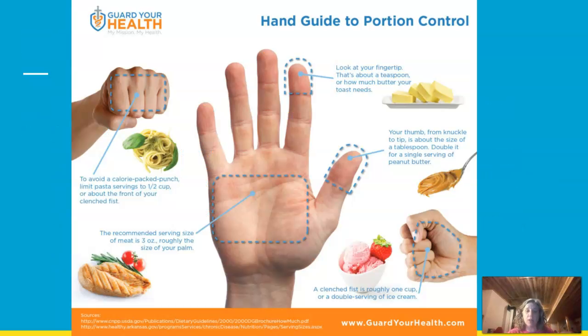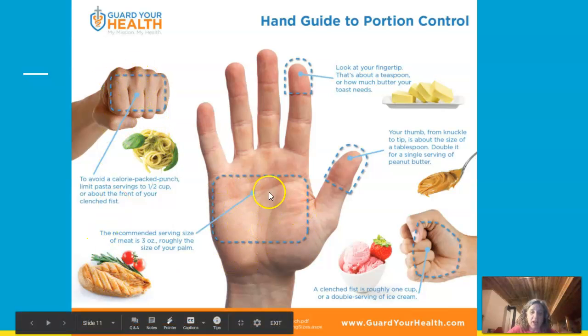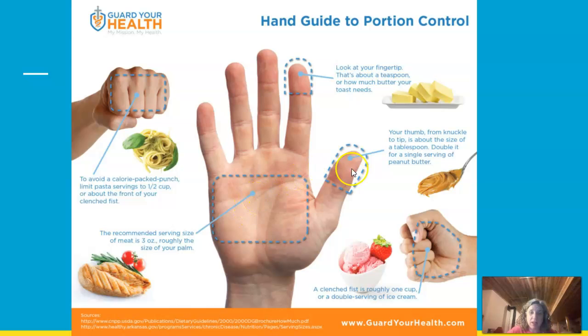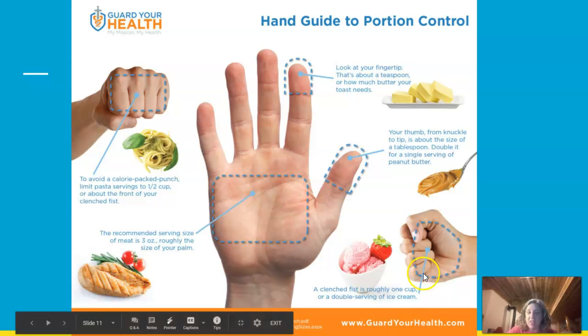So here's a visual guide. You can also use the tip of your finger, and that's how much butter you should have. Here's your fist for your pasta, the palm of your hand for your meat, the tip of your thumb for your peanut butter, and then a fist is roughly 1 cup or a double serving of ice cream.